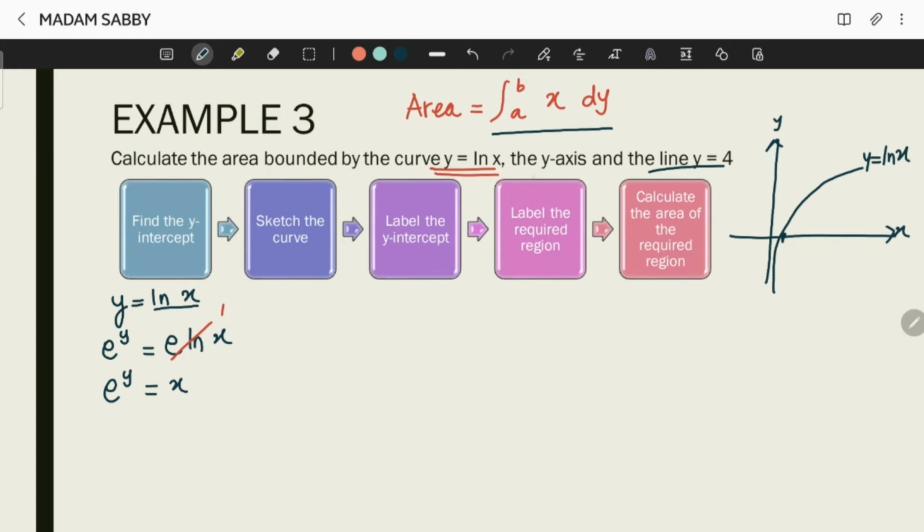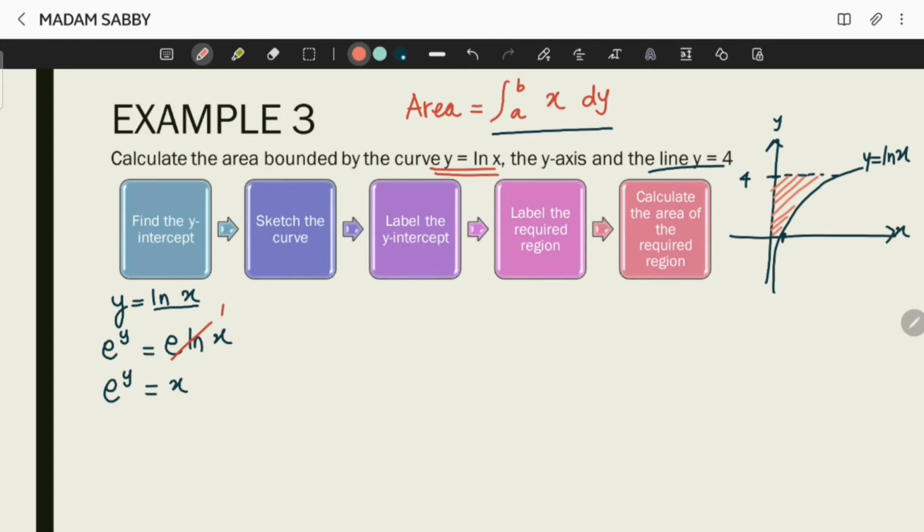The question asks you to calculate the area bounded by the curve y equals ln x, the y-axis, and the line y equals 4. Let's say this is y equals 4. So the area that we are looking for is this, between y equals 4 and y equals 0.